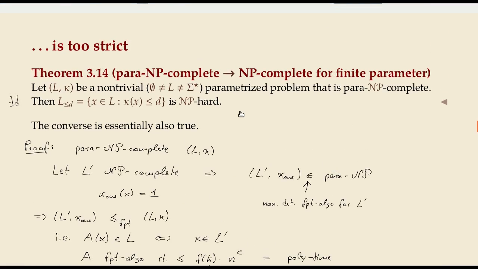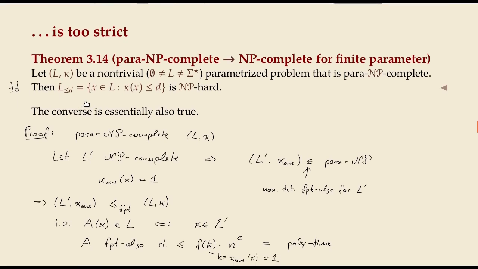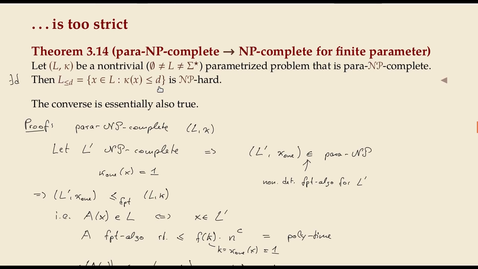Now, what does it mean? The interesting statement is the converse, the contraposition of this statement. If we have a parametrized problem that's not NP-hard if you fix the parameter by a certain constant, then it's not going to be para-NP complete.